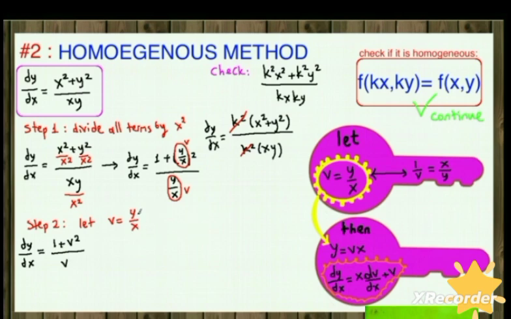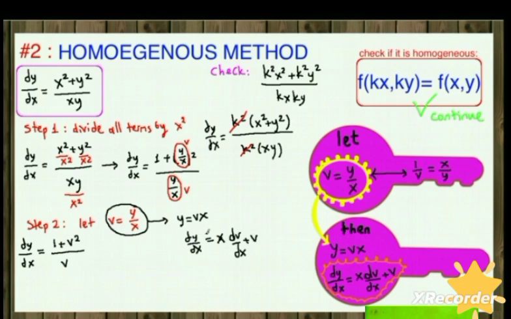And in this equation, which is equivalently y equals v times x, that is our key component, we need to differentiate this function. And if we differentiate this, what we are going to get is dy over dx equals, by the product rule, x times dv dx plus v.